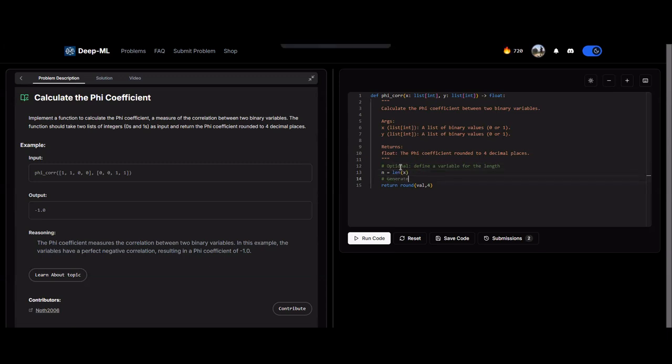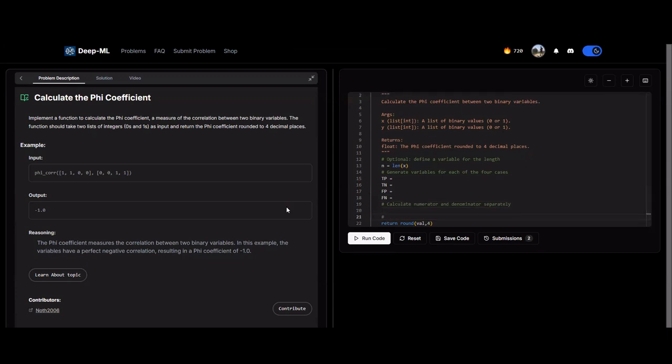So now what we're going to do is generate variables for each of the 4 cases. What I mean by that is we're going to generate a variable for true positive, true negative, false positive, false negative. And after that, the Phi coefficient, remember, is a fraction. So what I always like to do with fractions is calculate numerator and denominator separately. This is not necessary, but I think that it makes your code more neat and it makes it easier to follow what it is that you're doing.